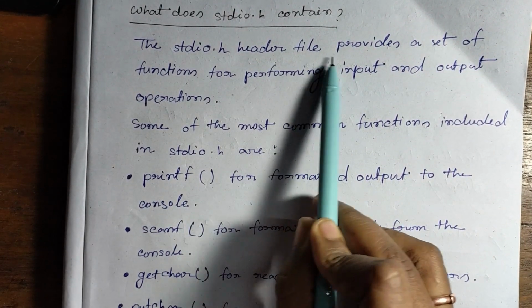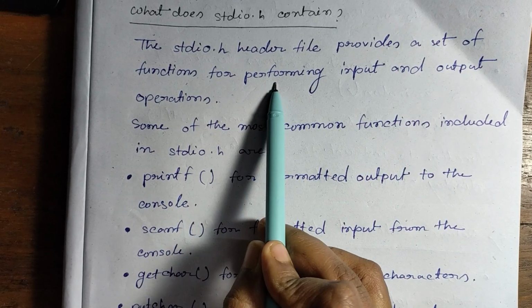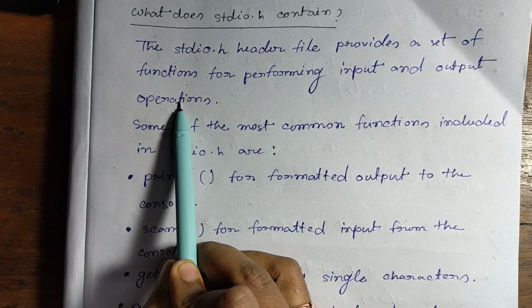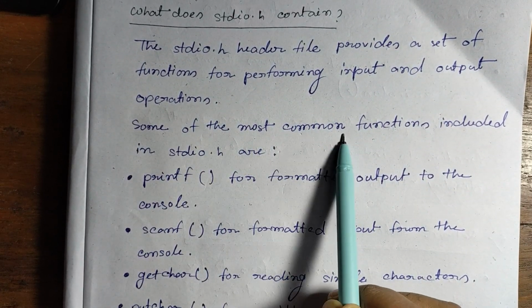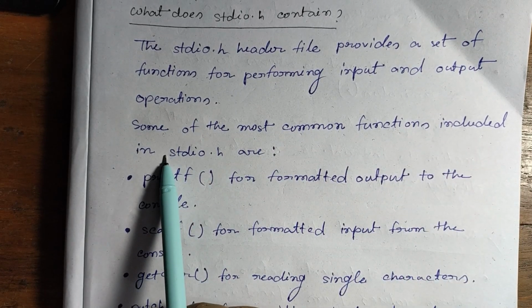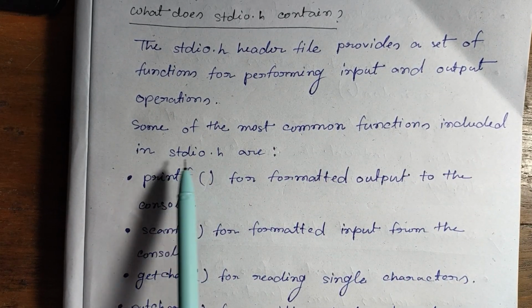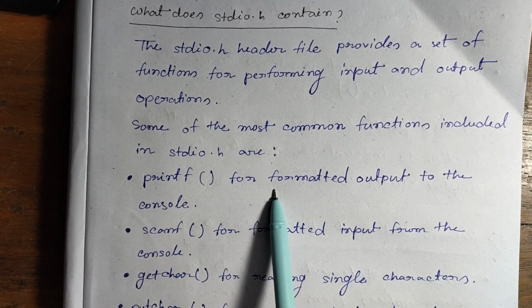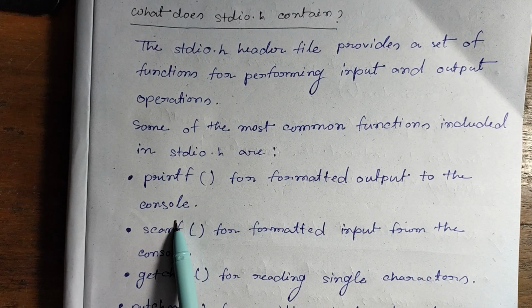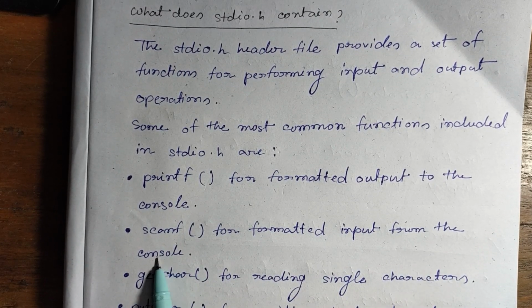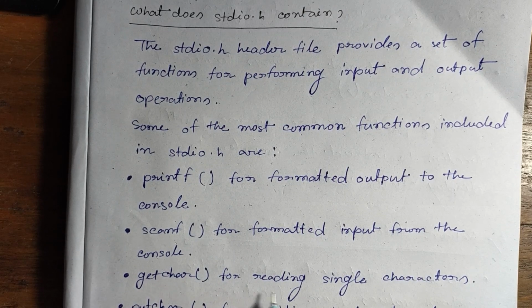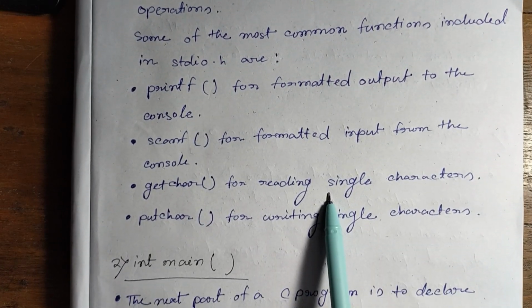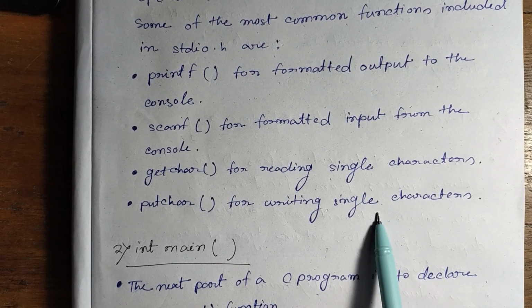The stdio.h file provides a set of functions for performing input-output operations. Some of the most common functions included in stdio.h are printf for formatted output to the console, scanf for formatted input from the console, getchar for reading single characters, and putchar for writing single characters.